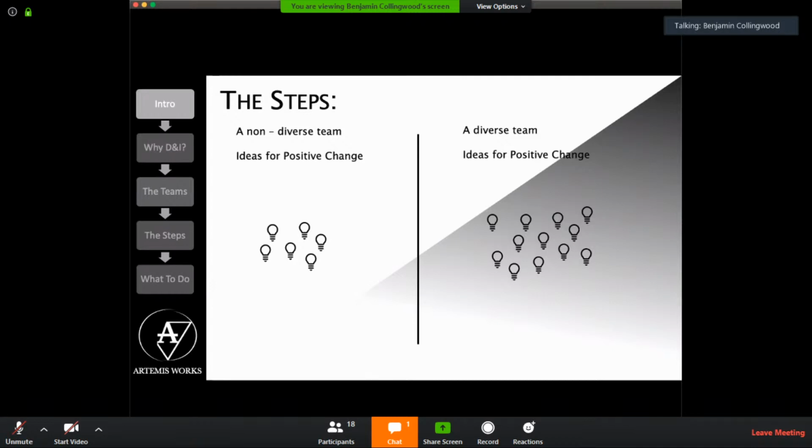But if we had a team of the same size, the teams were different sizes, the unique ideas in Team A were far fewer than the unique ideas within Team B, because they have more life experience, more background in different areas. So naturally they're going to have more ideas.